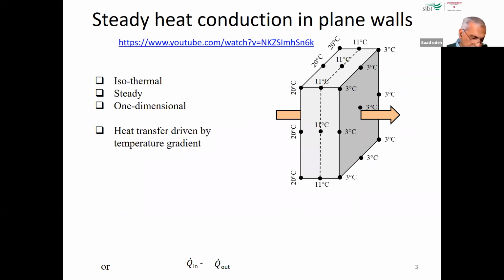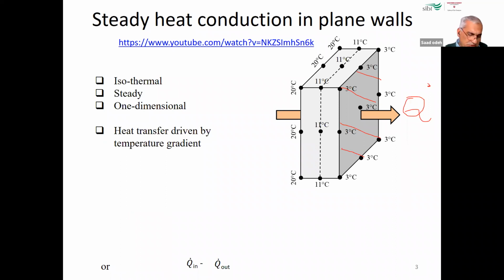And also, as you can see, the direction of Q dot, which is the direction of heat transfer, is normal to the surface. So this is the surface of the wall. You can see that the direction of the heat transfer is normal to the surface. Therefore, when you want to find the area of heat transfer, you refer to this area, which is the area of a square or rectangle, whatever type of wall we have.